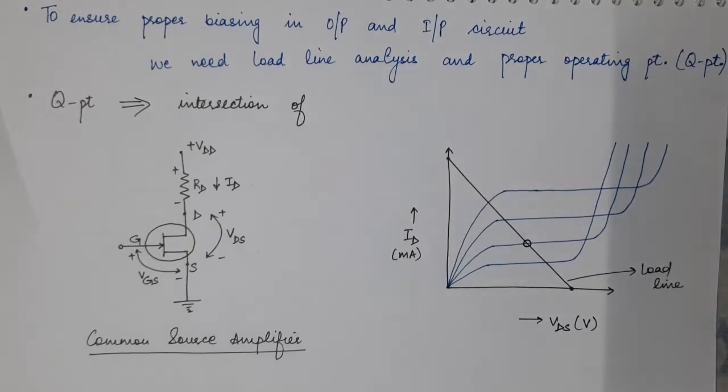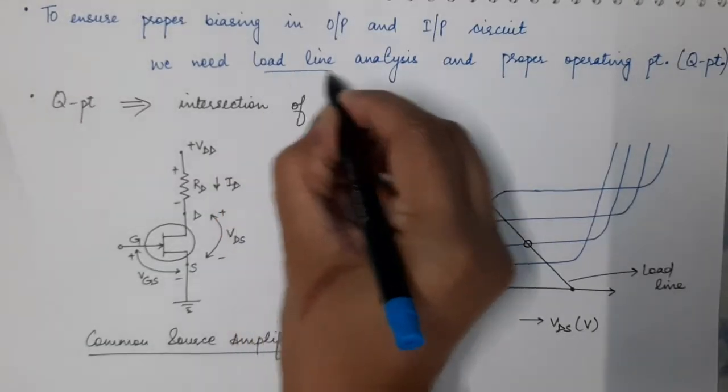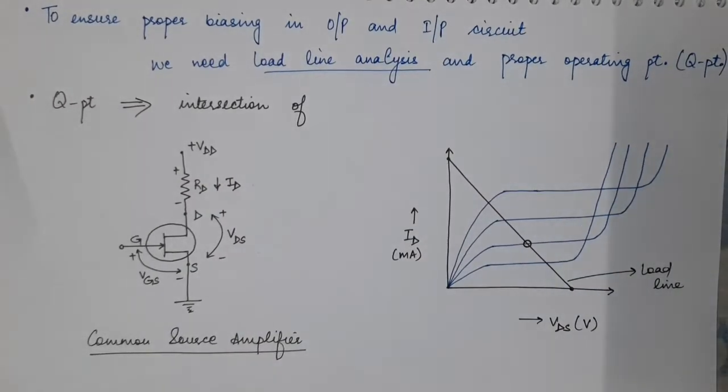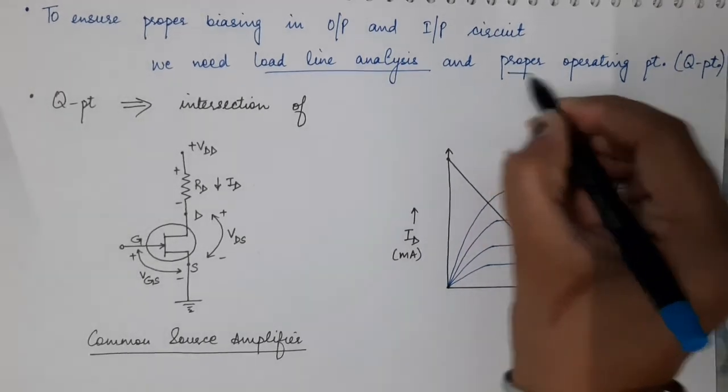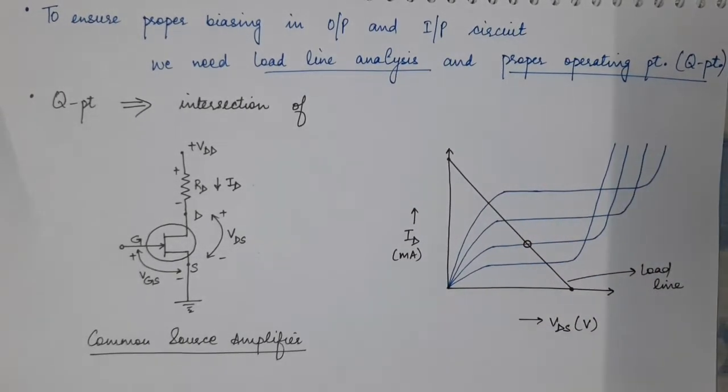Now how will we ensure that biasing is proper? To ensure that in case of the input as well as the output circuit the biasing is proper, we need the load line analysis and the knowledge of the proper operating point, because by this we will be able to know which value of the biasing voltage is a proper one.